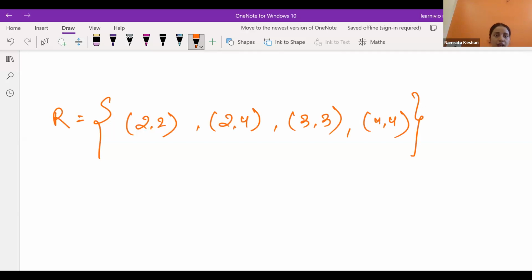So we have the arrow diagram. Either you can understand from here itself or you can draw the arrow diagram. Let's draw the arrow diagram.